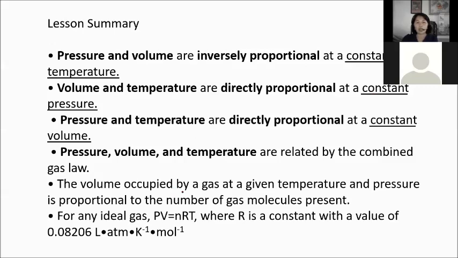The volume occupied by a gas at a given temperature and pressure is proportional to the number of gas molecules present. For an ideal gas, we have PV is equal to nRT, where R is a constant equal to 0.8206 L·atm/K·mol.